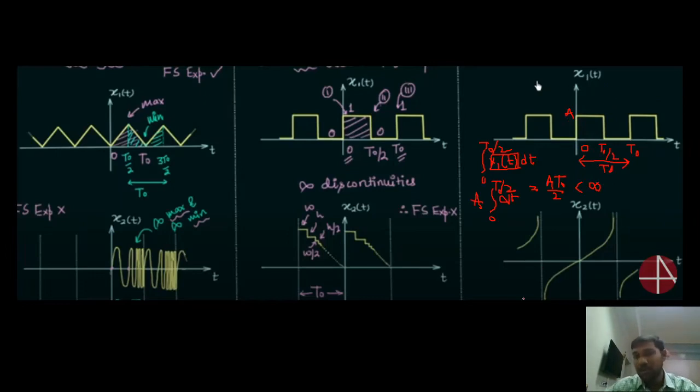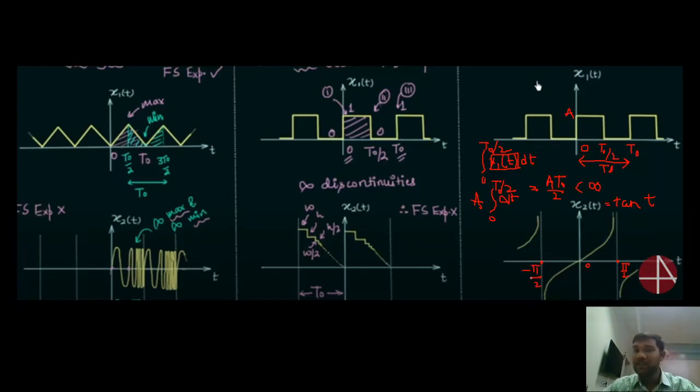If I do the same thing for the second signal, let me consider this as my time period, right? From this point till this point, this signal is nothing but tan t, from negative pi by 2 to pi by 2.